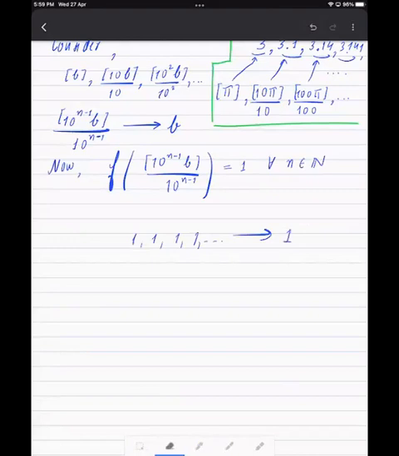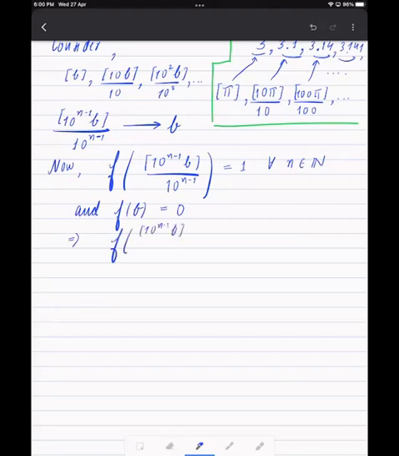What about f of b? B is irrational, so f of b is 0. It implies f of the sequence term is equal to 1, it does not converge to f of b, which is equal to 0.